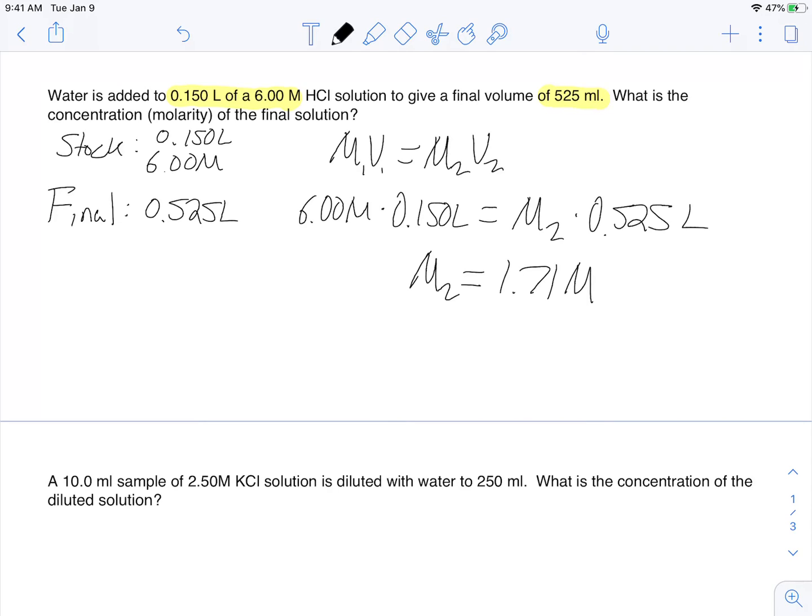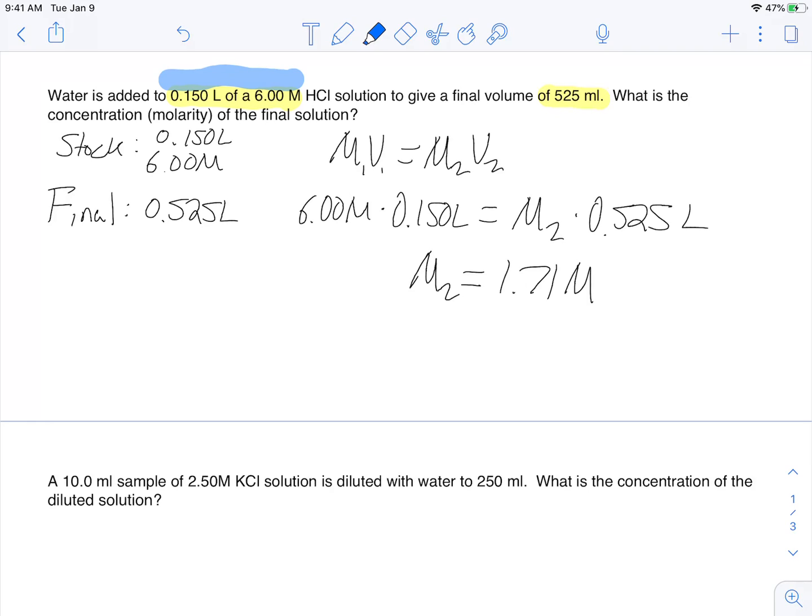Now, a couple tips as you go through this. I am calling the left side always stock and the right side final. Now, really what you're looking for in these problems is look for things grouped together. So up here where you're looking at things that I highlighted, right over here, 0.150 and 6, they're paired right next to each other.